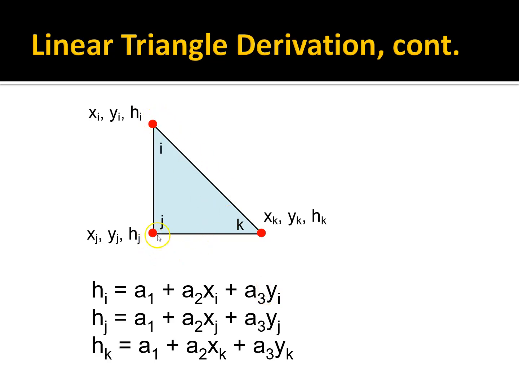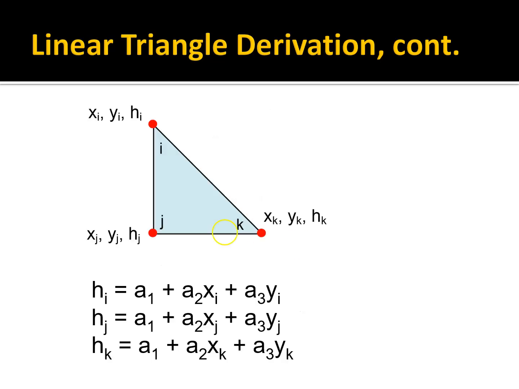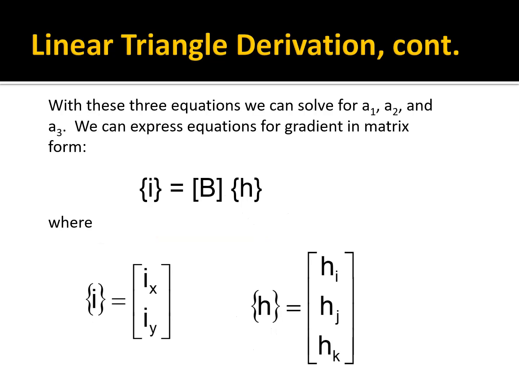And we do the same thing for nodes J and K. With these 3 equations and 3 unknowns, we can solve for A1, A2, and A3, and then plug that into our equation for the gradient I, and we end up with this result: the vector I, Ix and Iy, is equal to this matrix, which we'll show on the next slide, B, times these 3 heads.